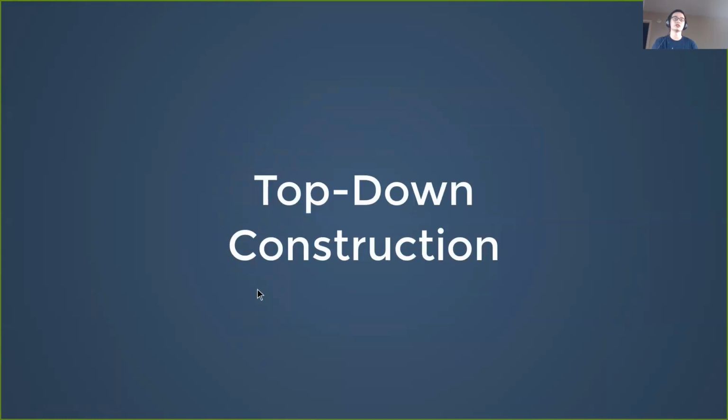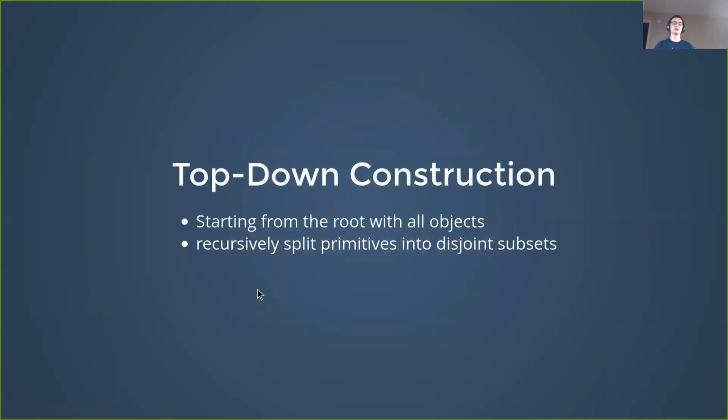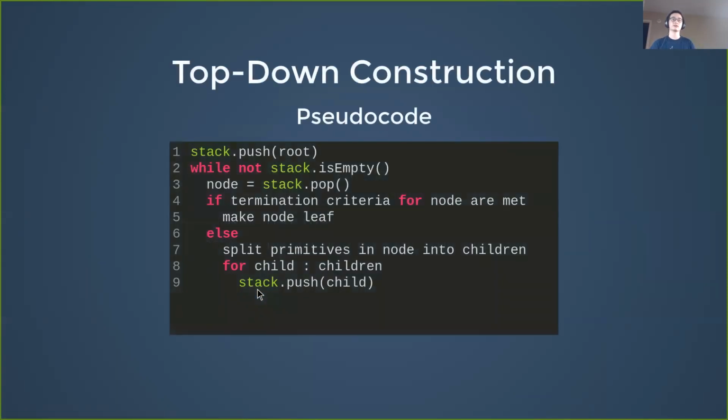For top-down construction, we start from the root with all the objects, and then we recursively split the primitives into disjoint subsets. This is probably the most popular approach to construct a BVH, and if you have implemented a BVH before, this is most likely the technique you implemented. The pseudocode looks like this. This is a stack-based version of the pseudocode instead of using recursion, but the idea is the same.